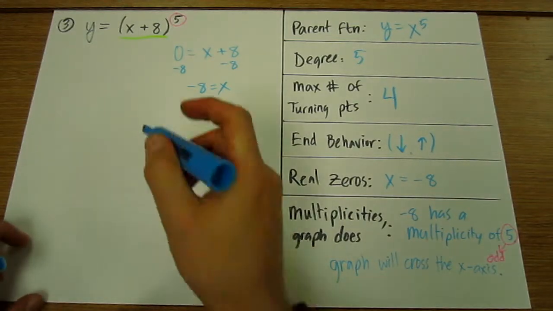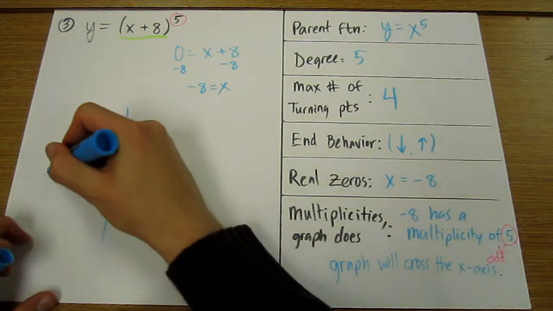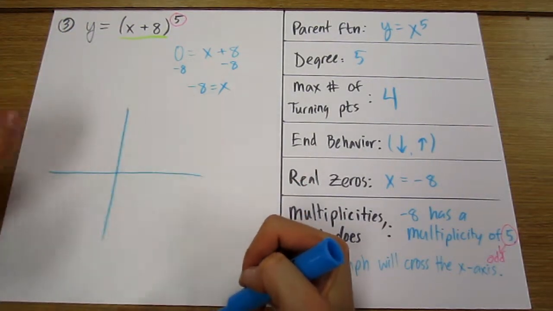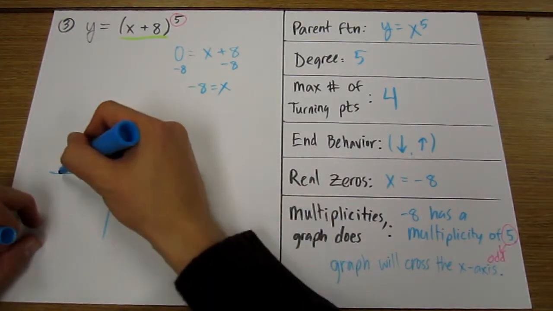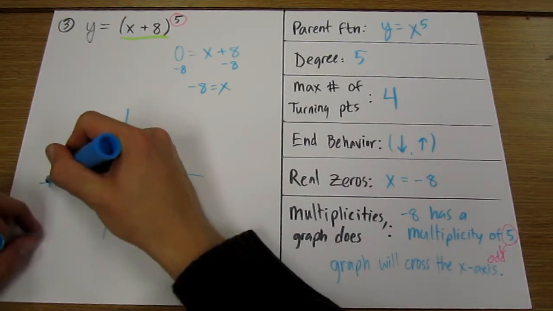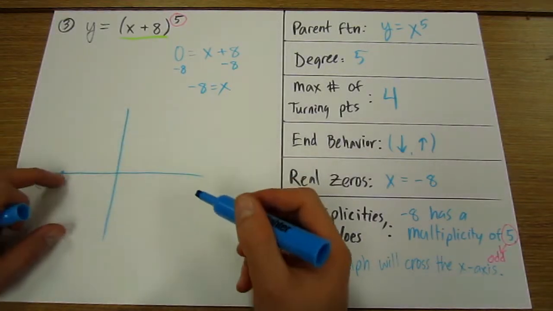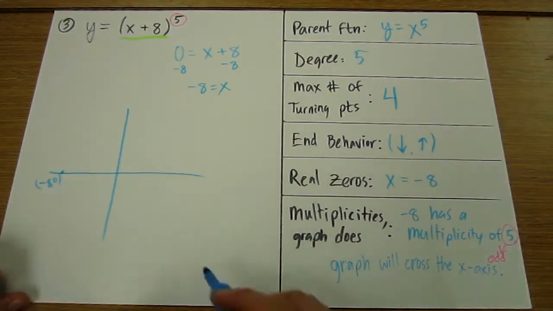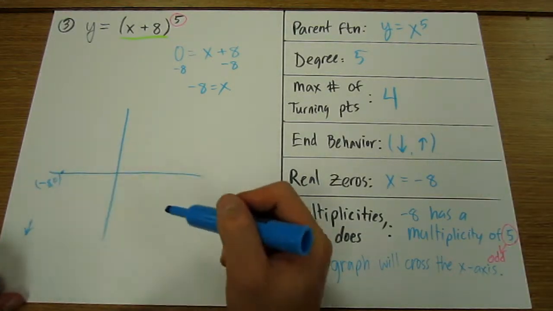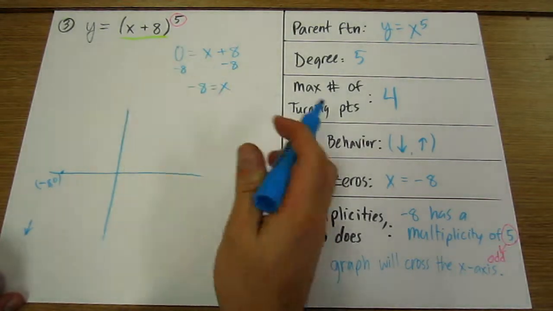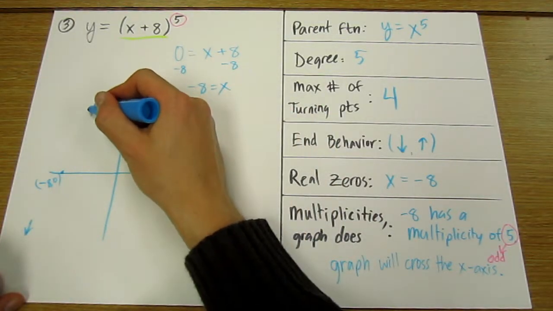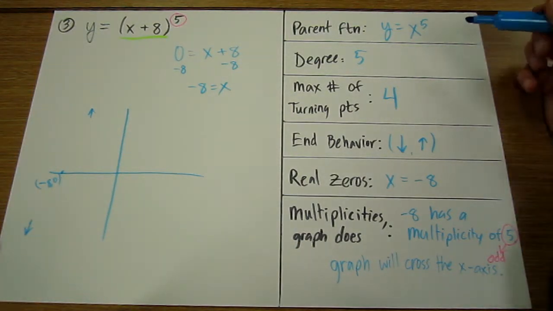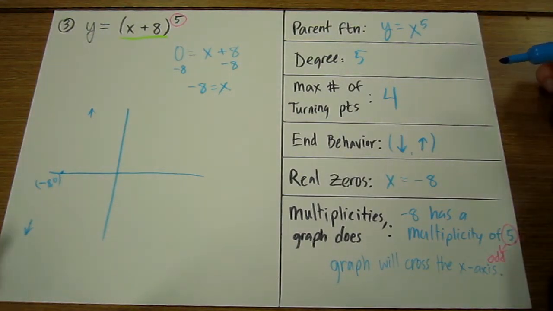So for our graph, if we wanted to sketch it, okay, we know that our 0 is here at negative 8. So we can go over to negative 8, comma 0, and we know our graph has to go through that point. Now, on the left, we know we're going down, so to the left of that point, we have an arrow down, and to the right of that point, we know we are going up. Now, it looks generally like x to the 5th, okay?